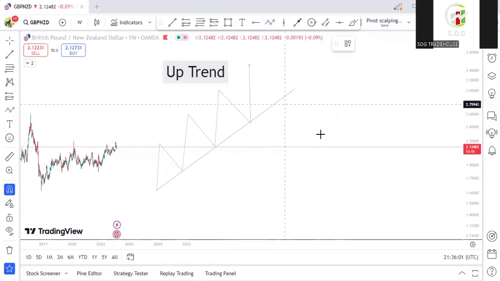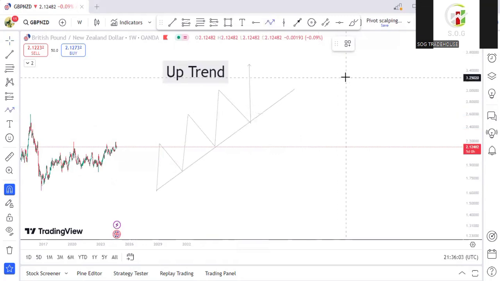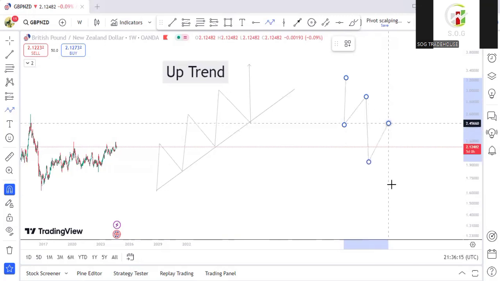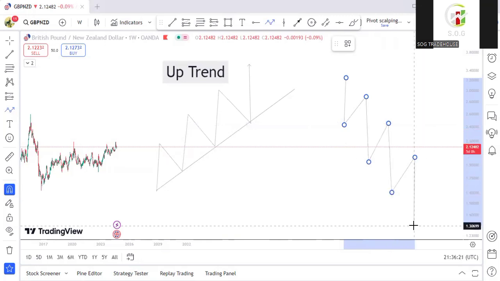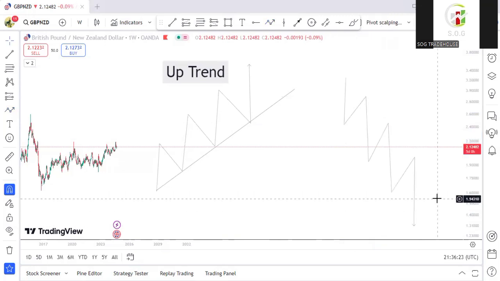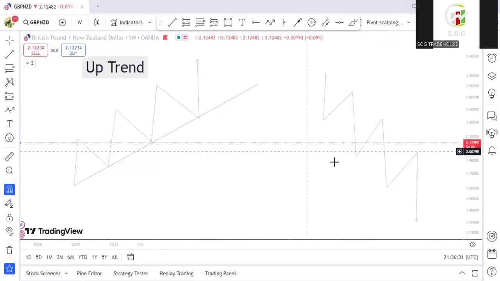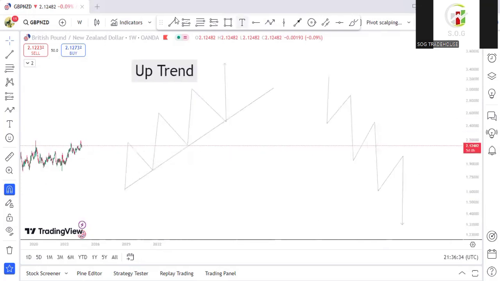And the downtrend is just the opposite of this. So we have a high here, a low, a high, and this. On the downtrend, we connect our trend line on the highs.